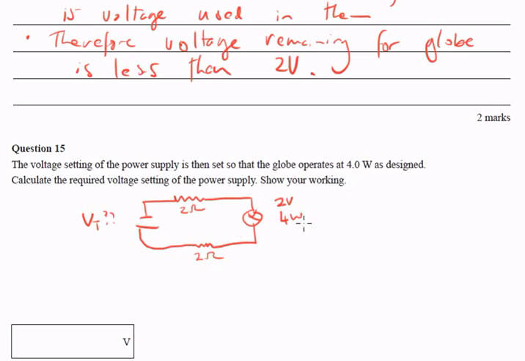And we want to know what the total voltage is, that's what they're asking. Well, how would I go about working this out? What I'm going to do is work out the total current. So the current through the bulb: we've got the power in the bulb, we've got the voltage in the bulb, and we can work out the current.